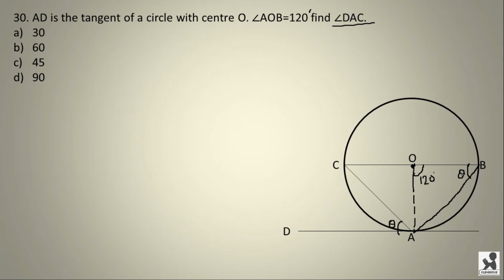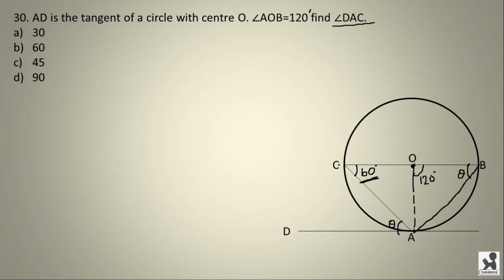Now, how to find theta? AB is a chord making a 120 degrees angle at the center, so at the circumference, on the major arc, the angle will be half of it, that is 60 degrees. We should also observe that COB is the diameter of the circle because O is the center.